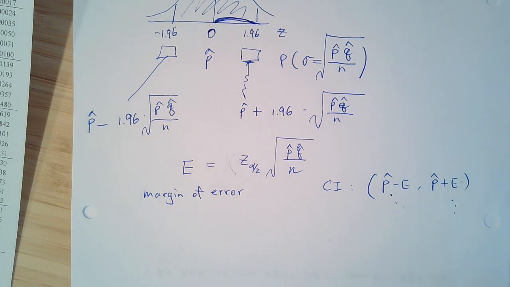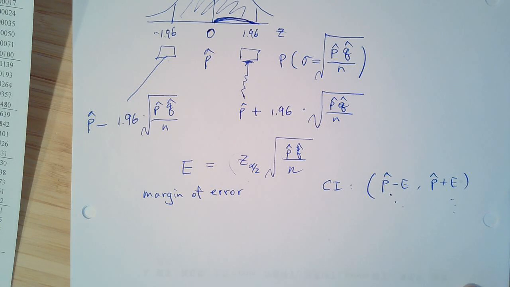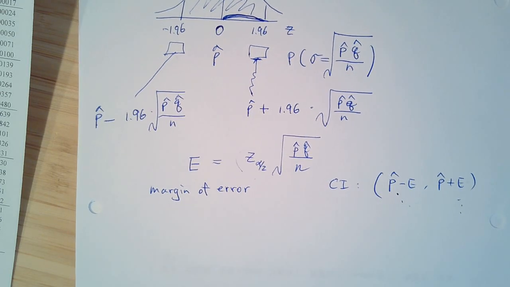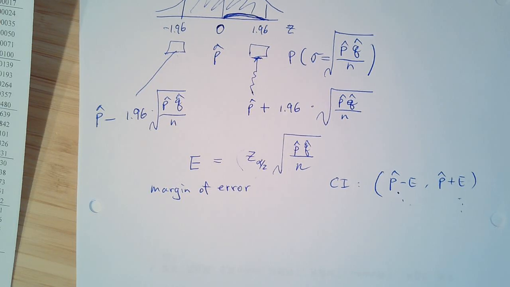So you don't say there's 95% of the chance that P will fall between these two. You're going to say 95% confident that this interval contains P. Okay, and you're not going to say 95% of the sample proportions will fall between A and B. You don't say it that way either. So remember, for the confidence interval, it's pretty important how we interpret that.